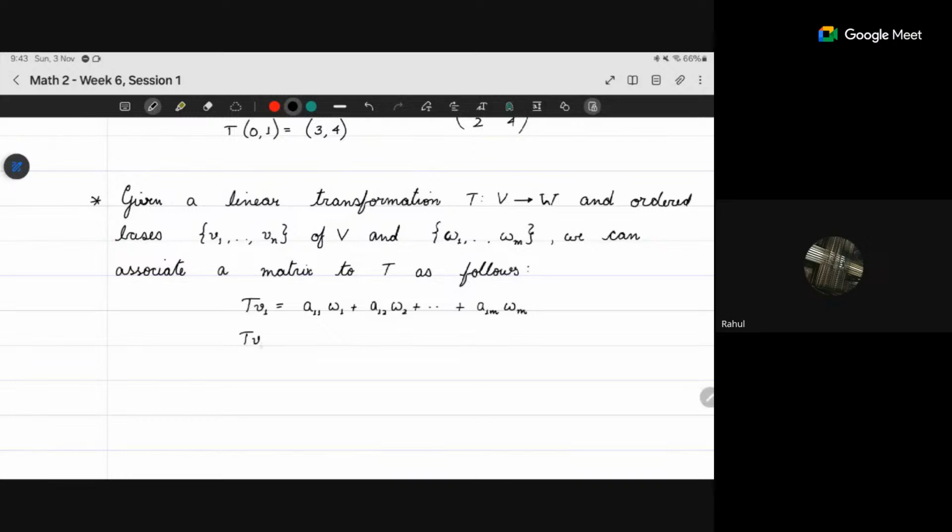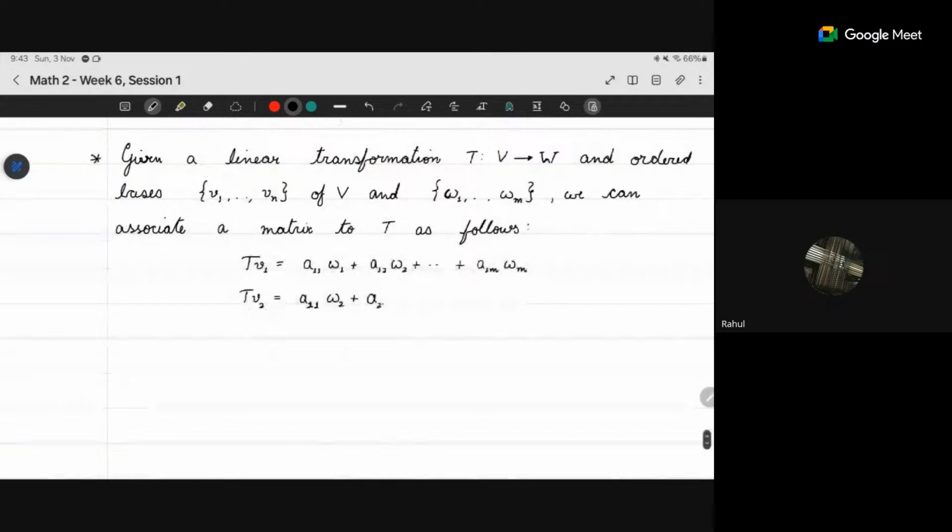And I do the same procedure for every basis vector. I take every basis vector of the domain, look at its image, and express it as a linear combination of the basis on the codomain.